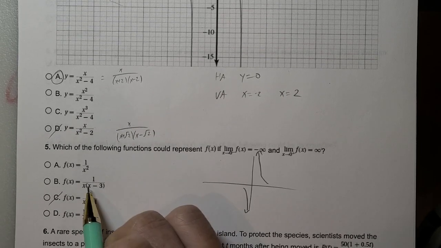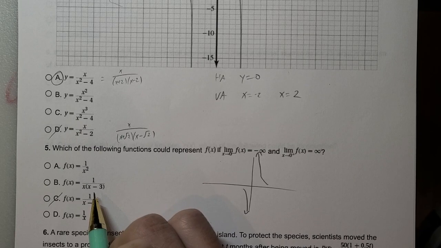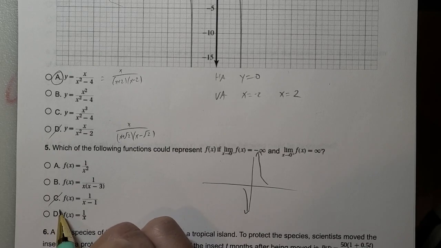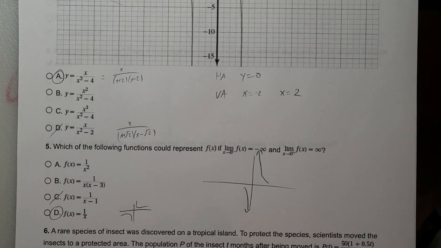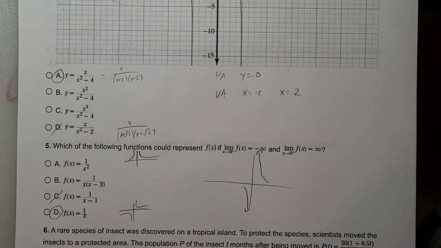So this is very close to 1 over x squared, because this is just 1 over x squared minus 3x. Okay, the answer should be D, because I know the graph looks like this. Versus for 1 over x squared, it looks like this.